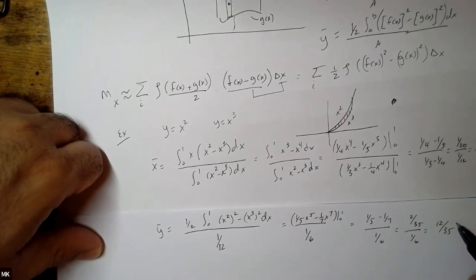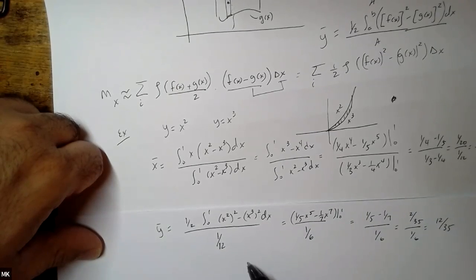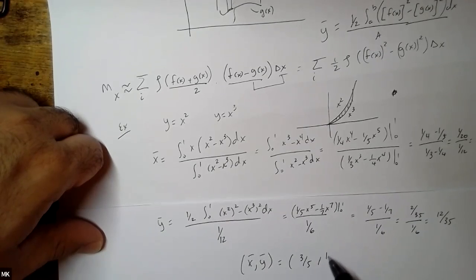That's going to be your center of mass, x bar comma y bar. That's your centroid or center of mass: 3/5 comma 12/35.